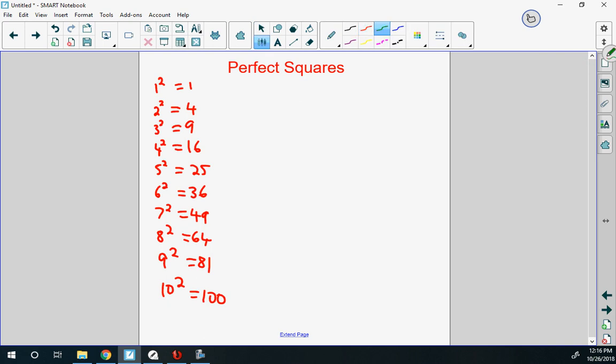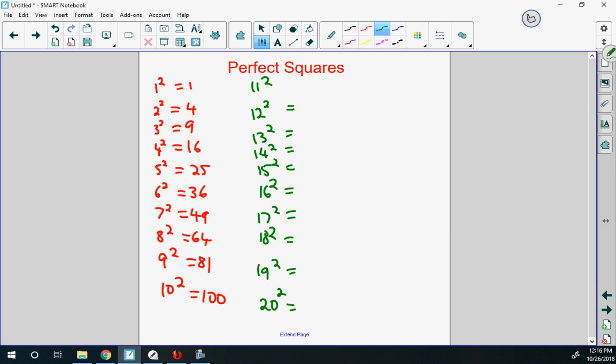So the next one's going to be 11 squared, 12 squared, 13 squared, 14 squared, 15 squared, 16 squared, 17 squared, 18 squared, 19 squared, and 20 squared. These ones, I'll bet there's maybe 3 or 4 people in the class that could name most of them. I do expect you to have these memorized.